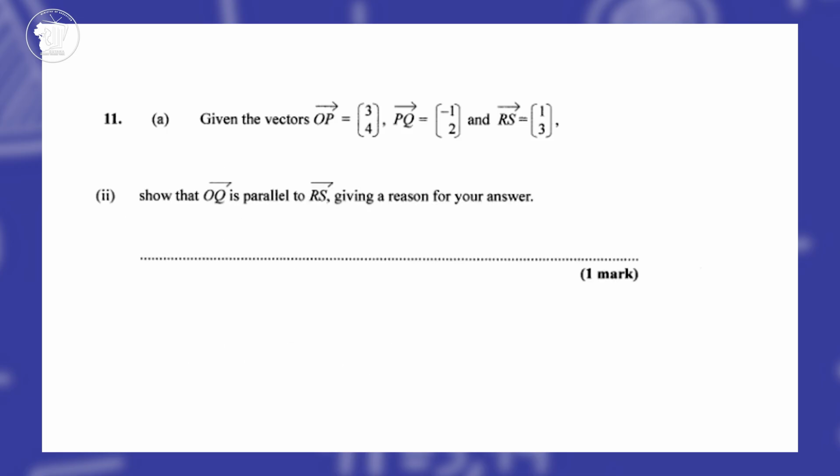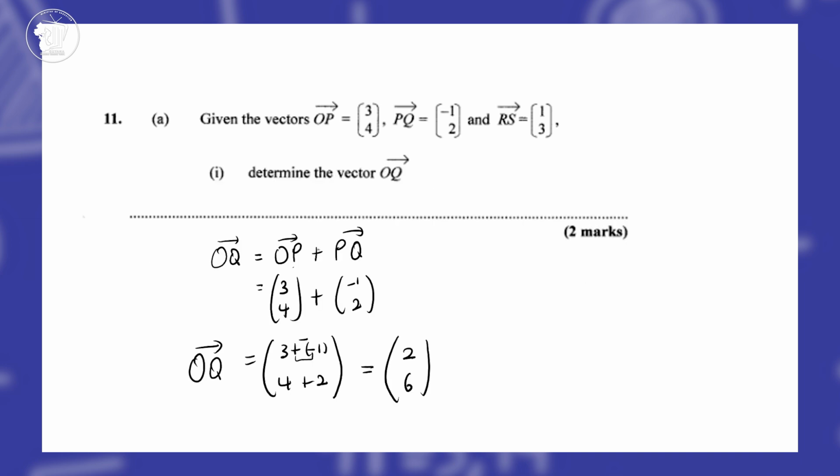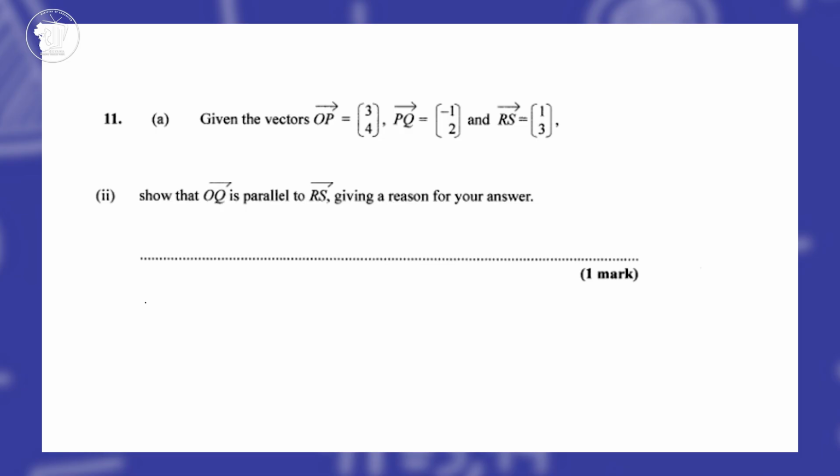And the next one says, we have the same vectors. So we want to show that OQ is parallel to RS. So OQ, the one that we just found, is 2, 6, and they want us to show that this is parallel to RS, which is equal to 1, 3.